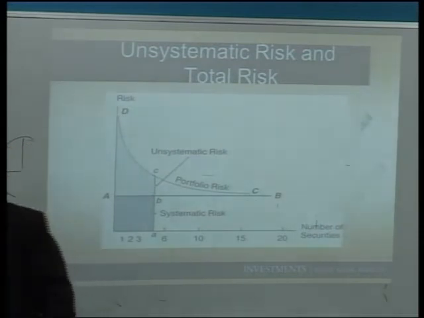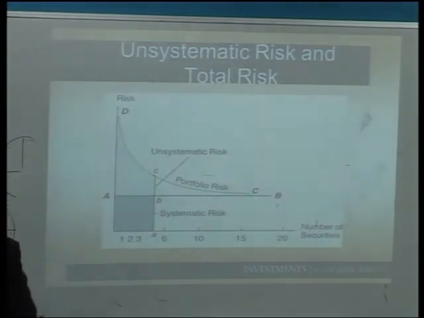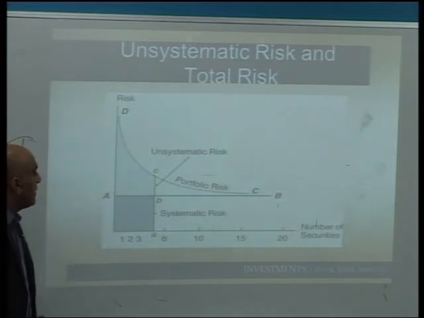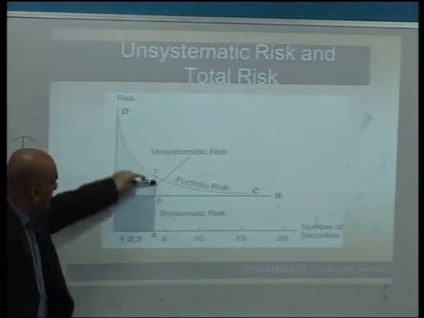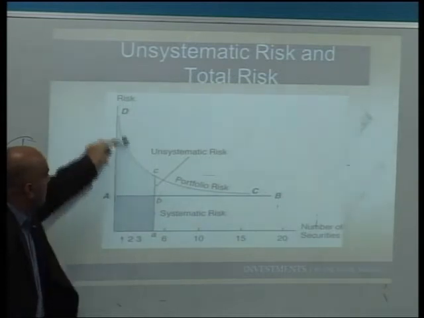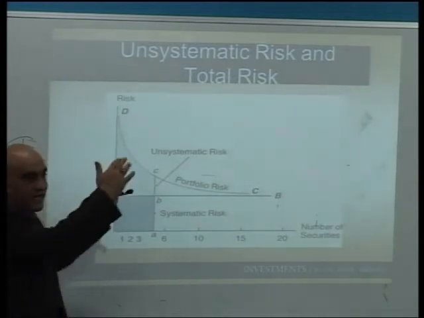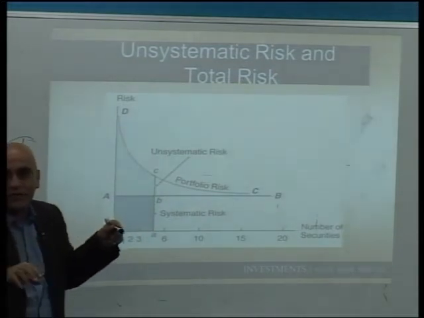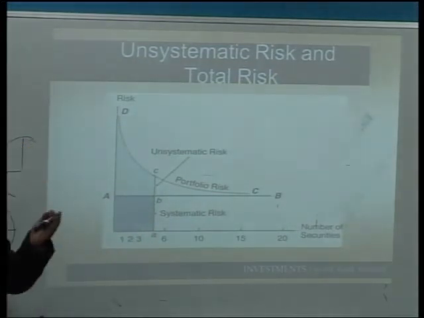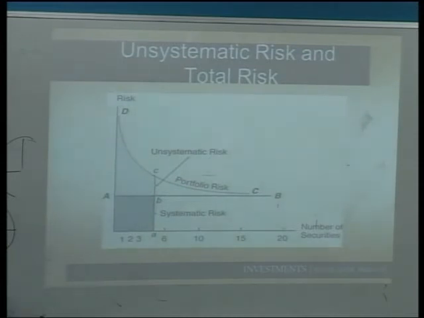So we can eliminate the impact of unsystematic risk by diversification, but we cannot eliminate the impact of the systematic risk. And you see, in this area, this is systematic risk and this is the area of unsystematic risk, and it keeps diminishing through adding more securities to our bus or our train.